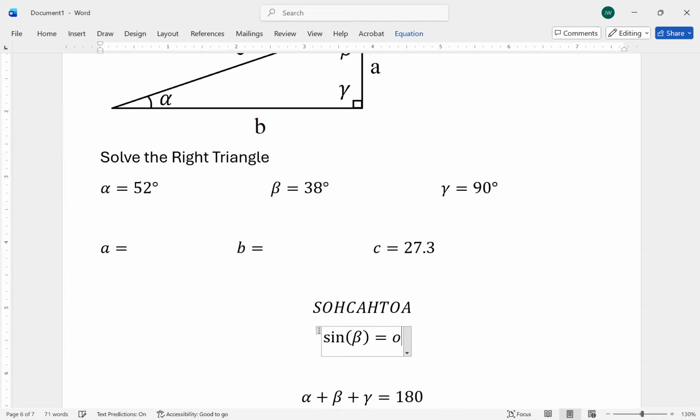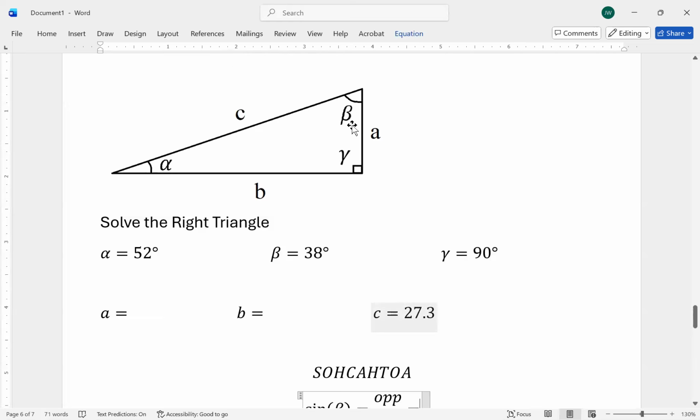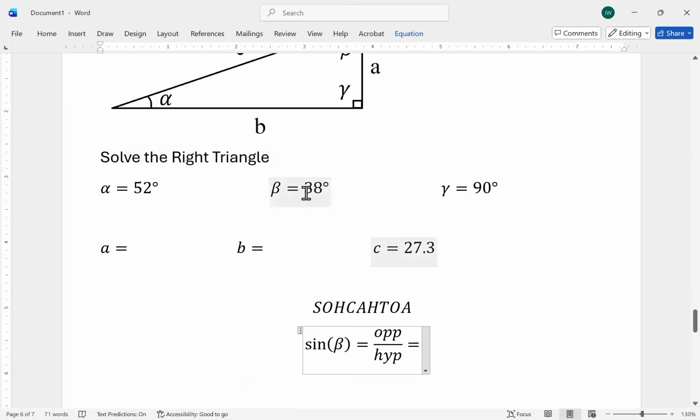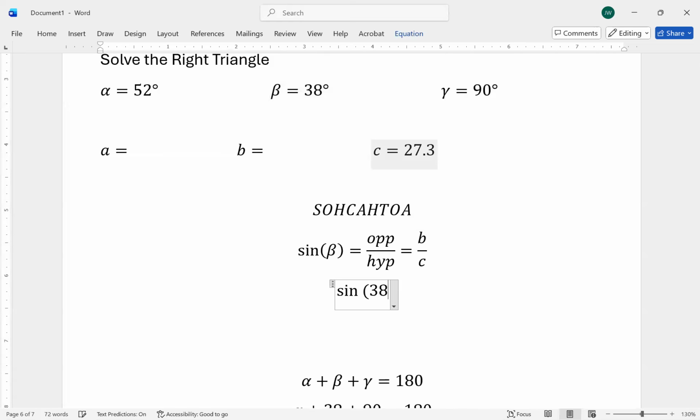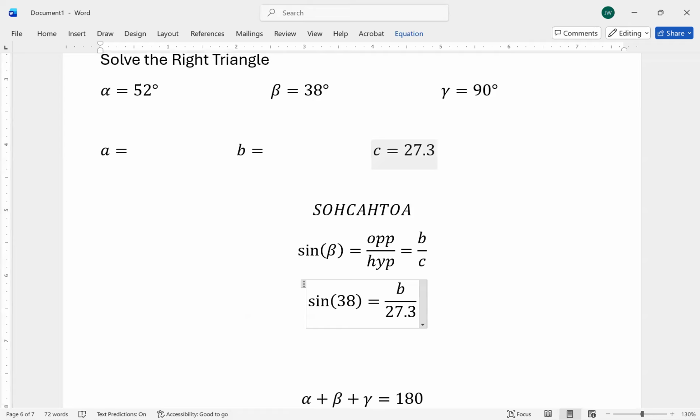Sine of beta is opposite over hypotenuse. In this case, the side length opposite of beta is B. The hypotenuse is C, obviously. So sine of 38 degrees is equal to B over, I know C is 27.3.